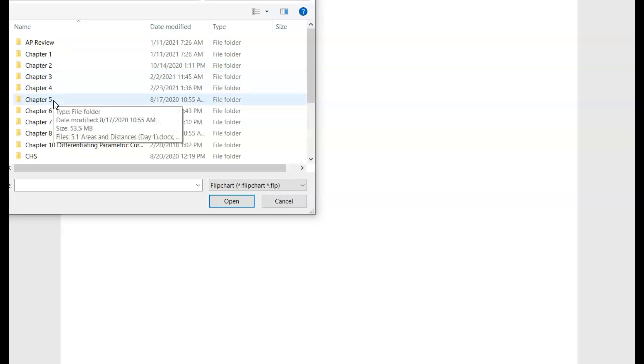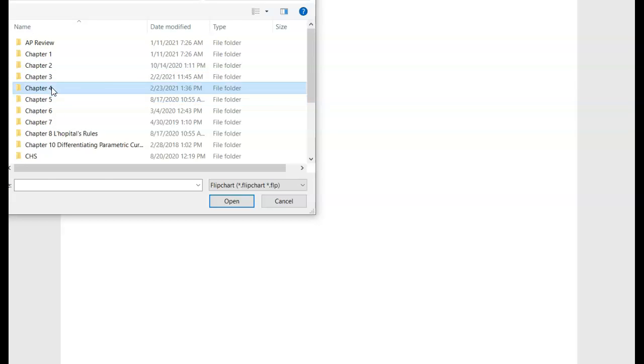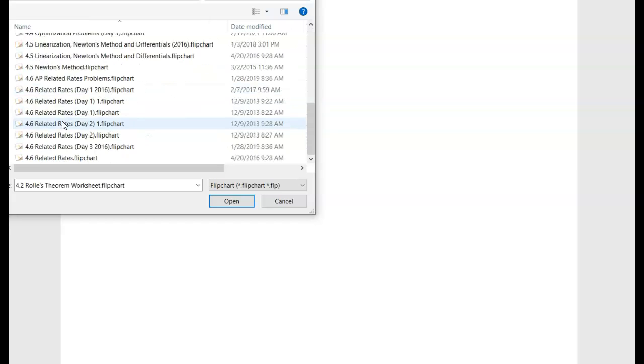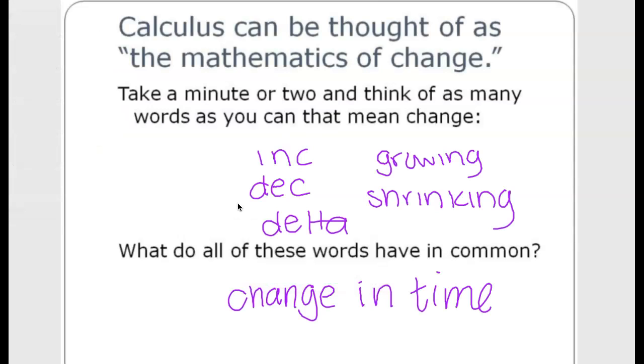If you think about a rate, it usually relates to change in time. So related rates are going to be our change with respect to change in time.